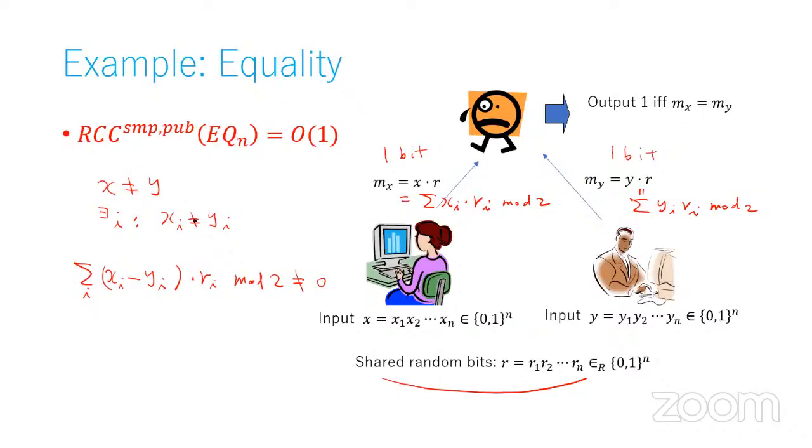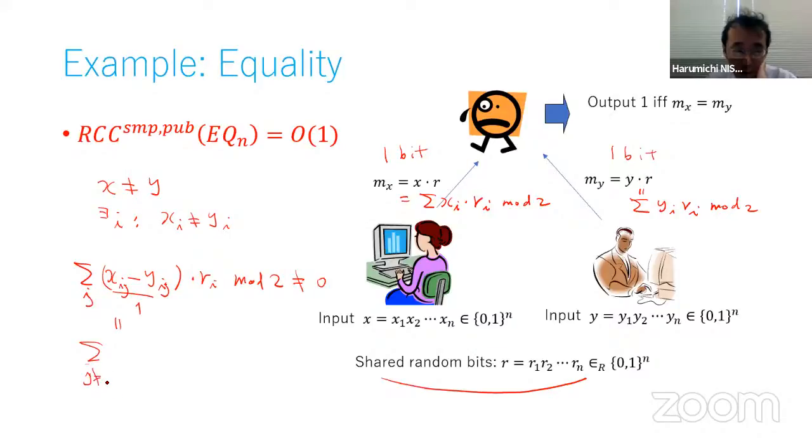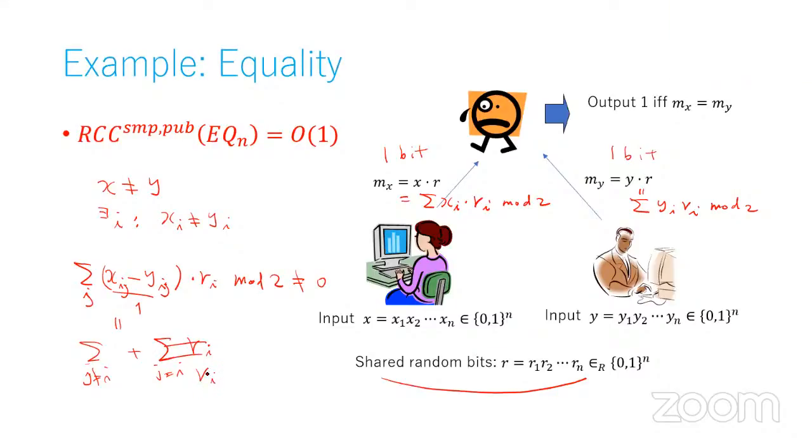Now we have this value xi not equal to yi, then this i part equals 1. For the j not equal to i case, this part is 1 to R. This is completely random, coming from shared randomness.